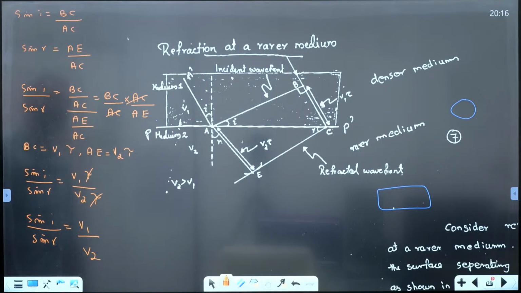Any doubt? sin i by sin r is equal to v1 by v2.